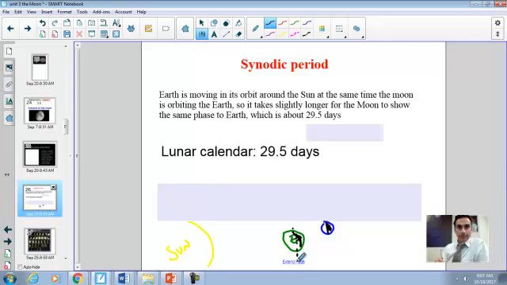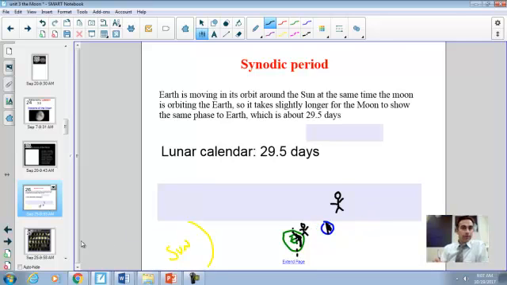The phases of the moon are going to be what we are seeing when we look out. So if we were over here, we wouldn't see the same phases as if we're here on Earth. So it's important to remember that what we're looking at is not necessarily what we're seeing from space.